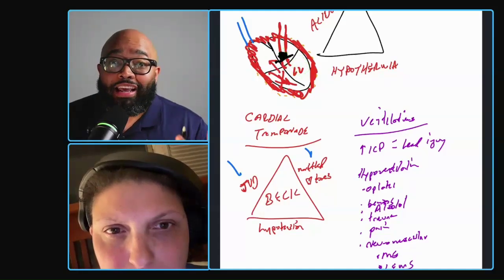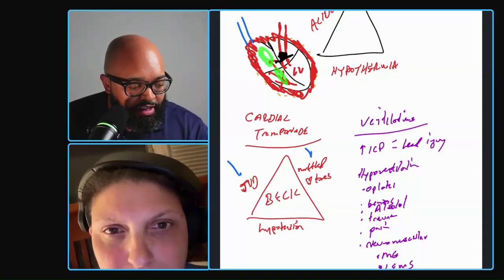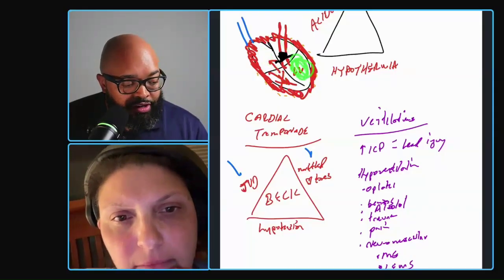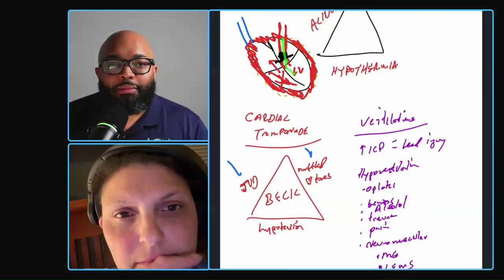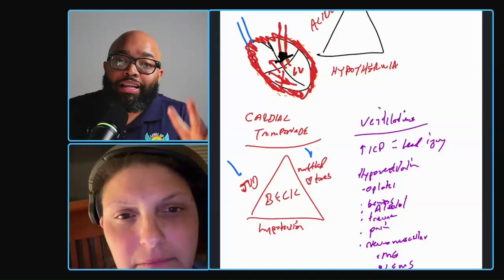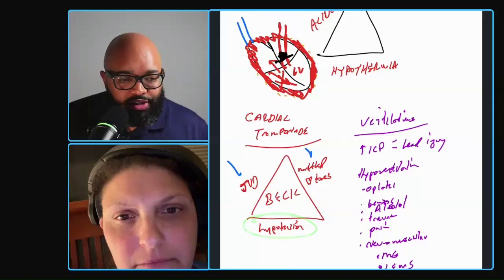But if there's no blood in the heart, no blood makes it here, to the lungs, back in the left atrium, back in the left ventricle. If there is no blood that makes it to the left ventricle, it can't go out of the left ventricle. Therefore, the body doesn't detect it as blood pressure, so it detects it as a low blood pressure. That's why we have hypotension.